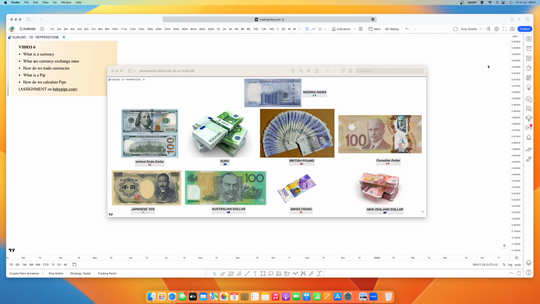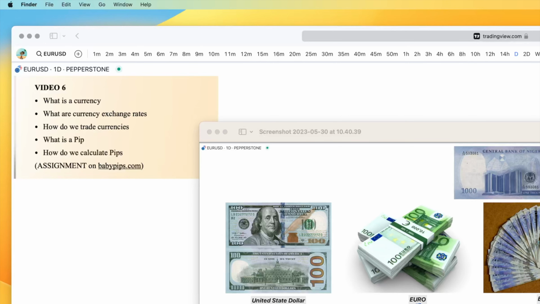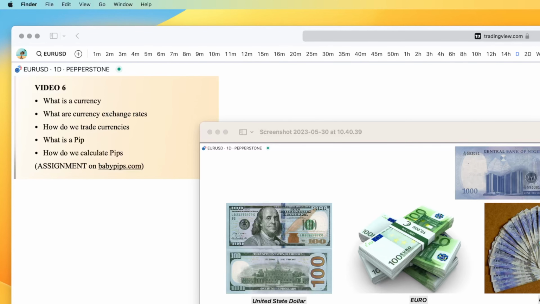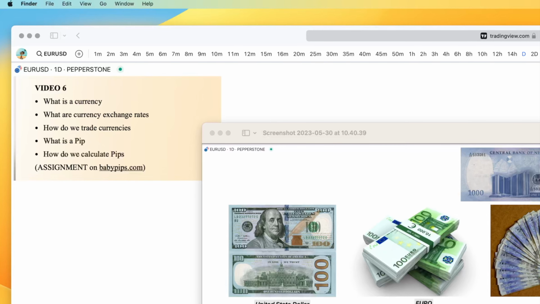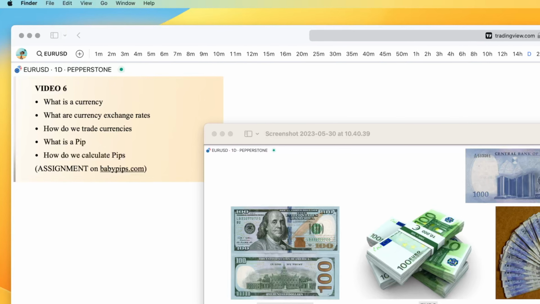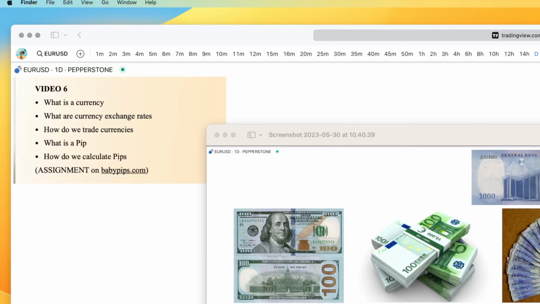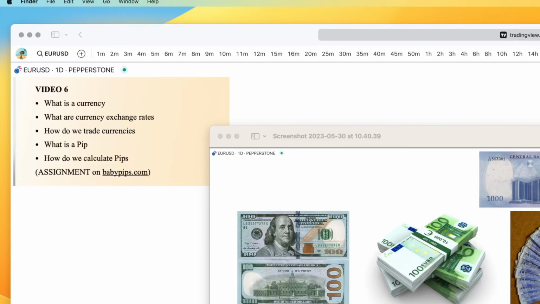Welcome to another session. To the upper left of my screen, you can see the topics we're going to be talking about today. This is video 6, and we will be talking about what a currency is, what currency exchange rates are, and how we trade currencies.